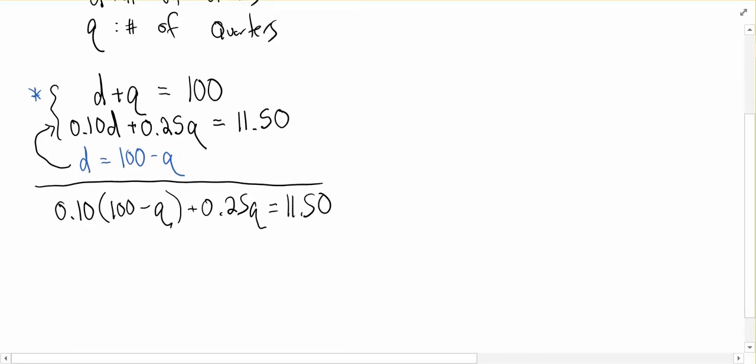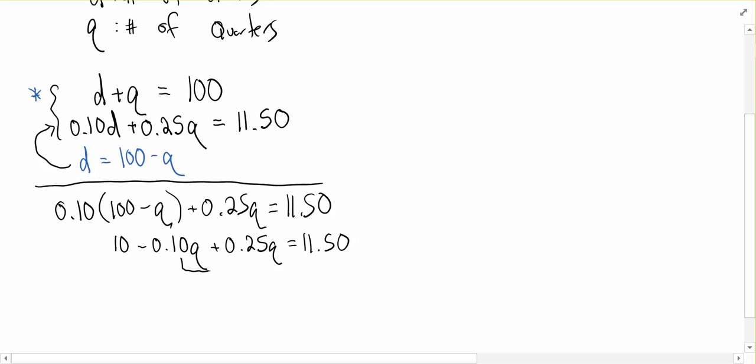Now if I distribute my 0.10 across, I'm going to get 10 minus 0.10Q plus 0.25Q equals 1150.